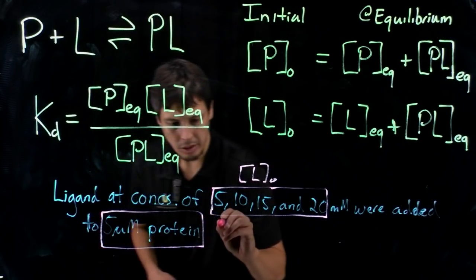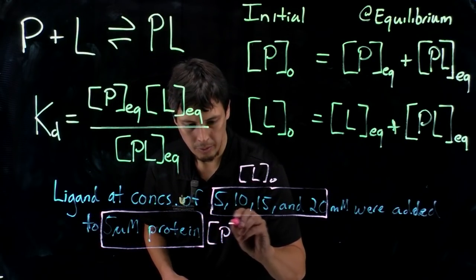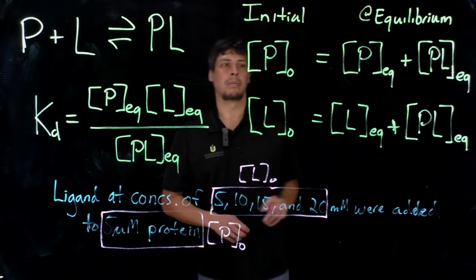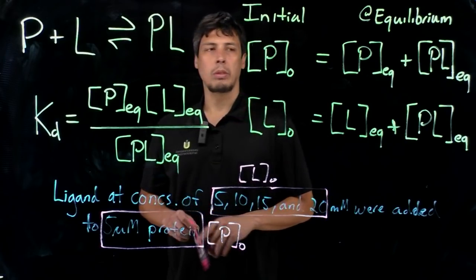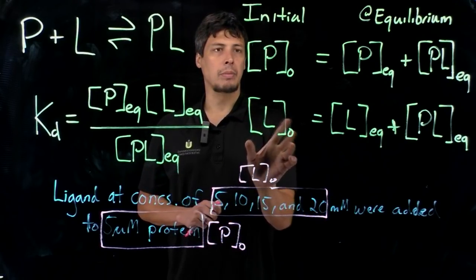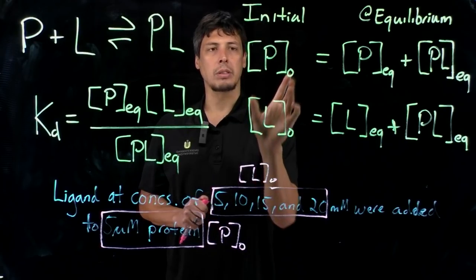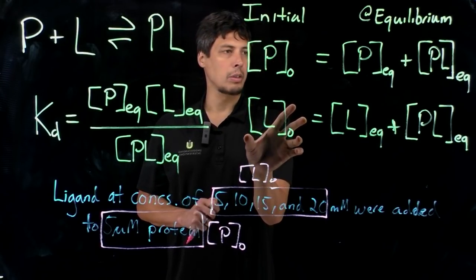And we have initial protein concentrations here. All right, so what we're going to do is vary the initial ligand concentration versus the initial protein concentration. So these two values here are constants.